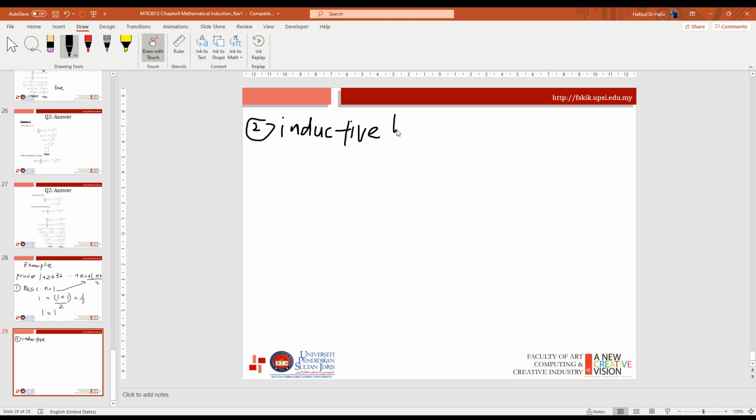Okay, hypothesis. What we do is, we must assume true for n value equivalent to k. Okay, we already got that earlier.